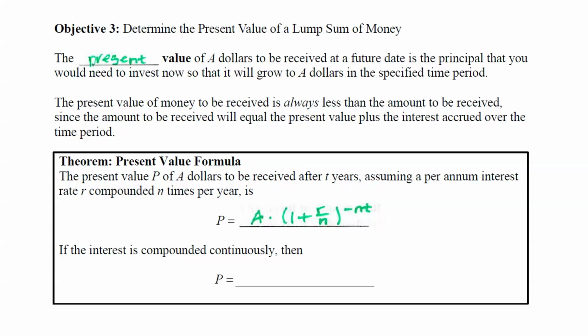If the interest is compounded continuously, then P equals A times e to the power negative RT. Okay, so note the difference. So these are just the compound interest formulas solved for P instead of A. Same math, just different question.